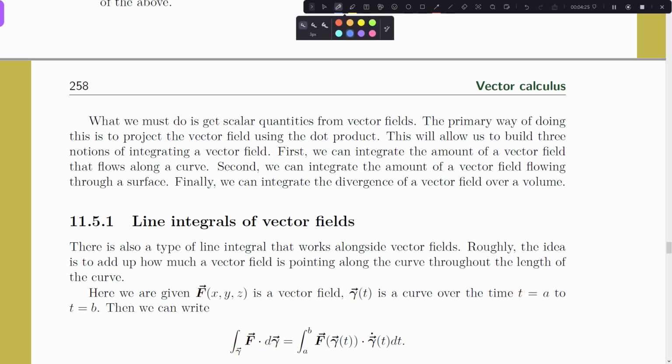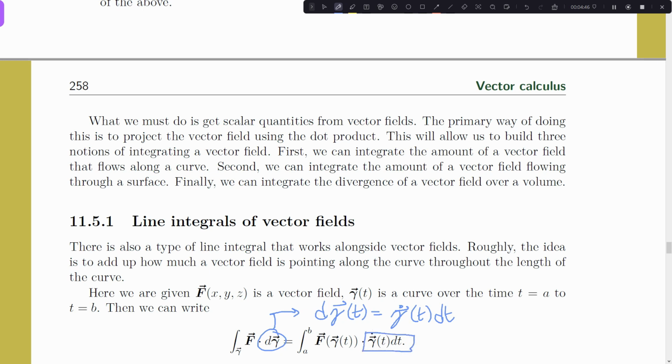It's not that hard for us to calculate. What should d gamma of t be? We know our chain rule from the last chapter should be gamma dot of t dt. So that really shouldn't be much of a surprise, and that's where we see gamma dot t dt show up. And of course, f is integrated along the curve, meaning that the input of f is the curve itself.